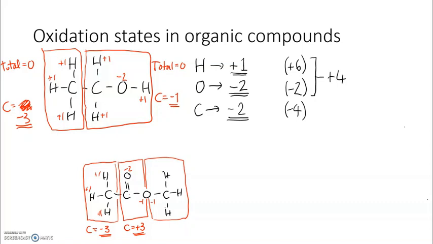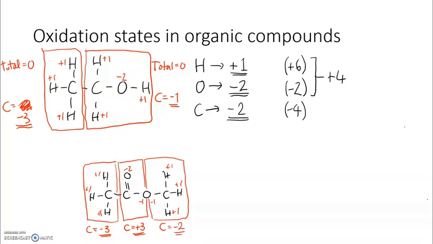And lastly, we've got +1, +1, and +1, but then we've got -1 from the oxygen. This single bond here to this oxygen, the carbon is losing 1 electron to the oxygen there. So that means total oxidation state here is +2 overall. So the carbon is -2 in its oxidation state.